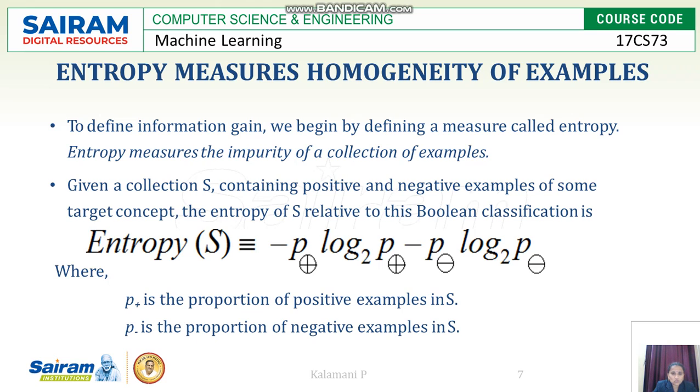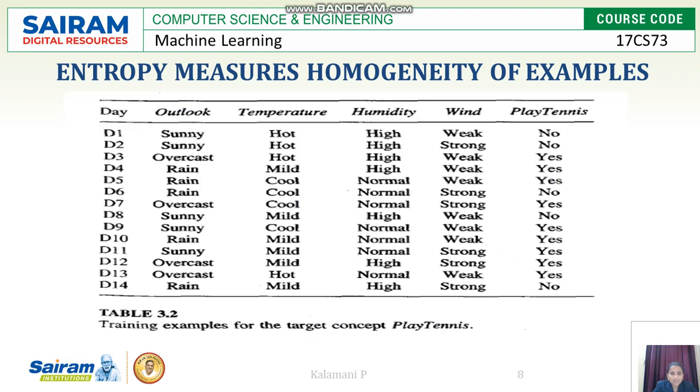Entropy of S is equal to minus p plus log 2 p plus, minus p minus log 2 p minus. Here p plus is the proportion of positive examples, and p minus is the proportion of negative examples. Here there are 5 negative examples and the remaining 9 are positive.